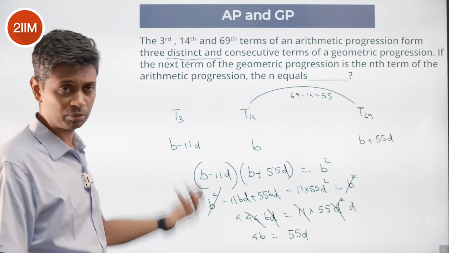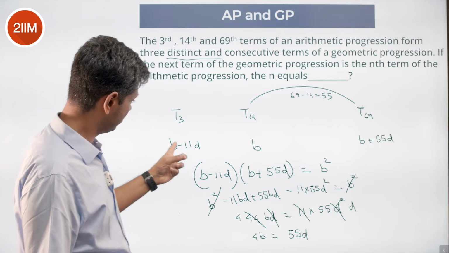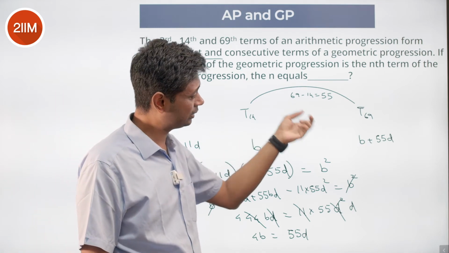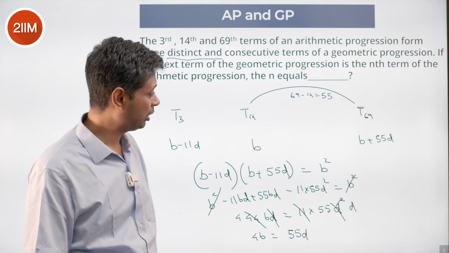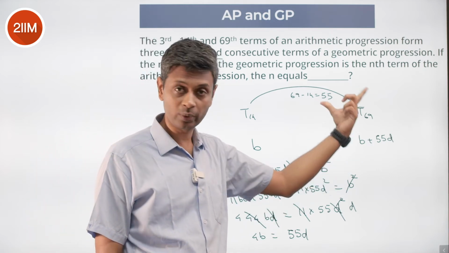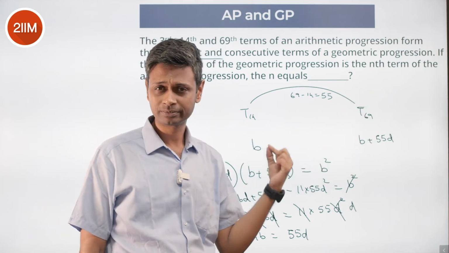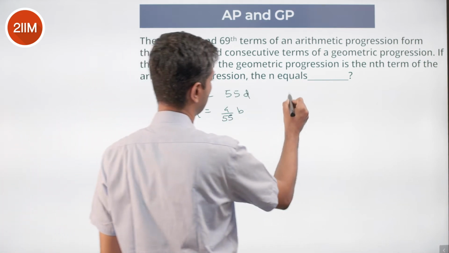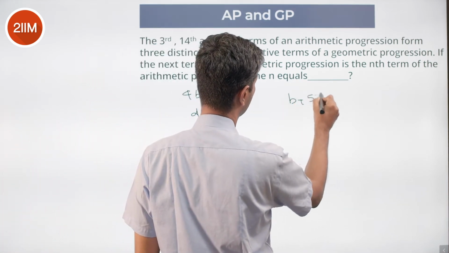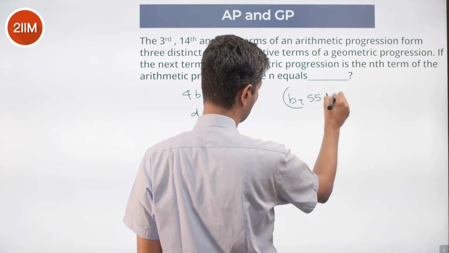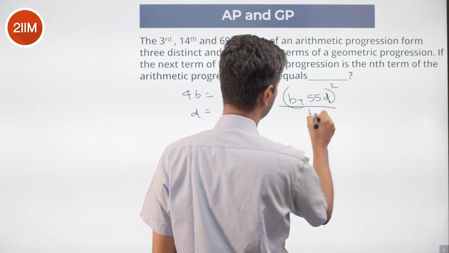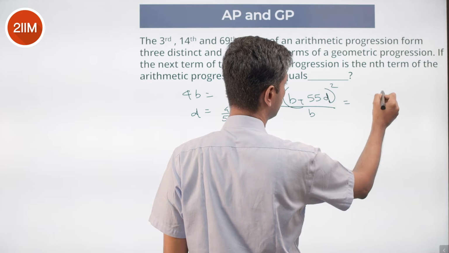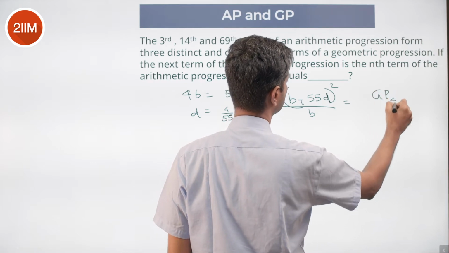The next term of the geometric progression, this and the term after that, is (b plus 55d) whole square by b. So, looking for (b plus 55d) whole square by b. This is the fourth term of the geometric progression.